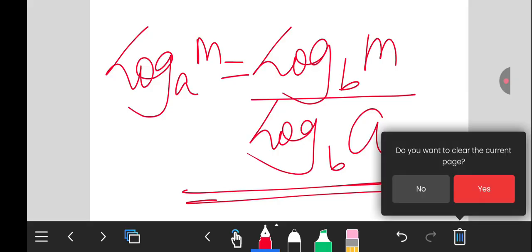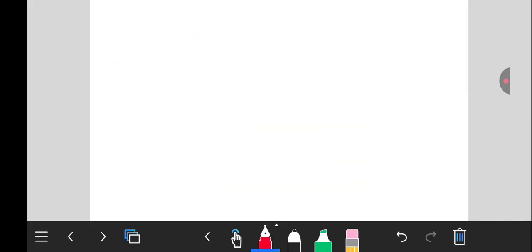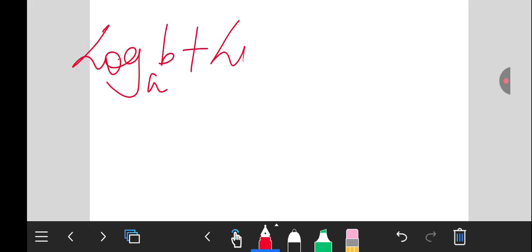Other than that, we must understand these two important laws. We have addition of logarithms and subtraction of logarithms. For addition, we can have, let's say, log b base a plus log c base a.